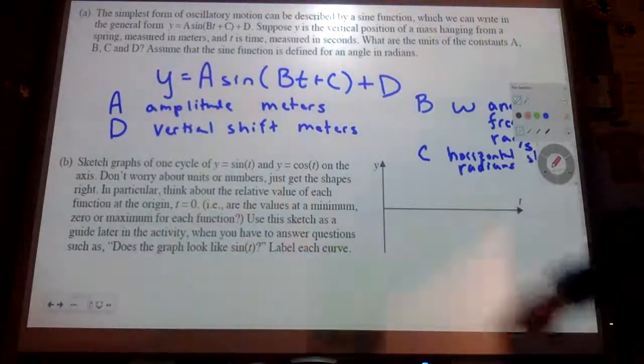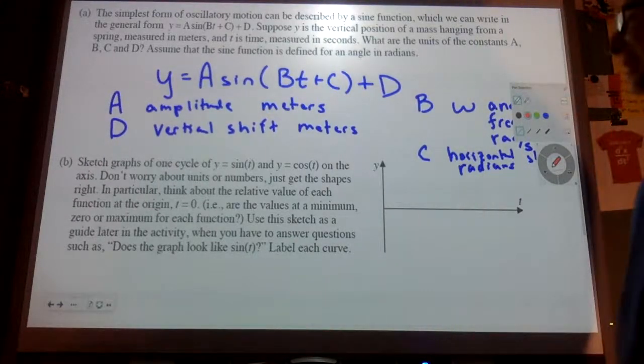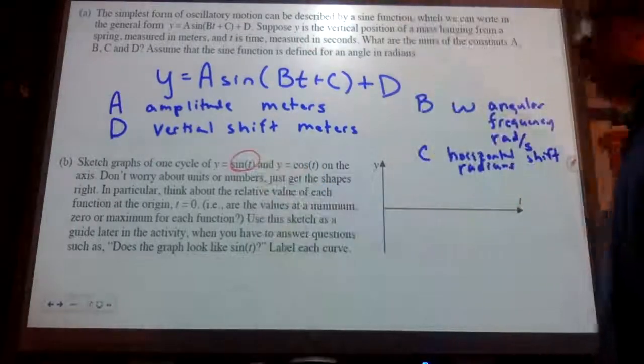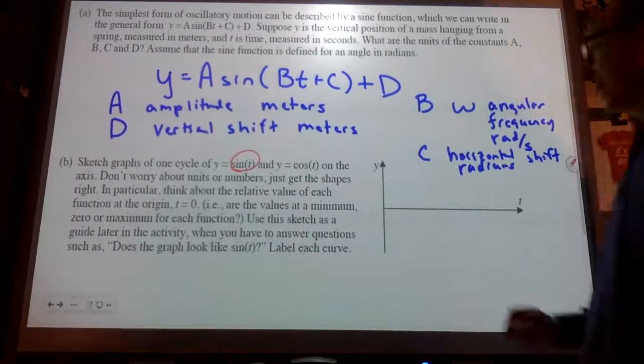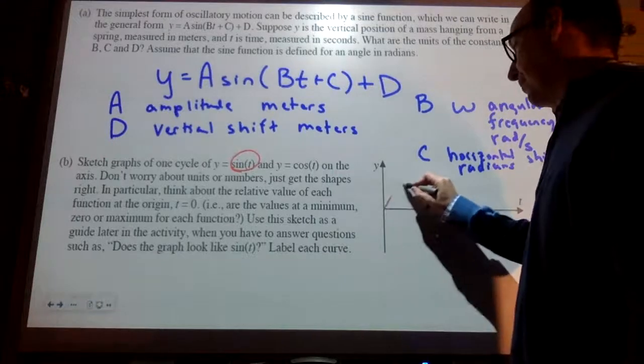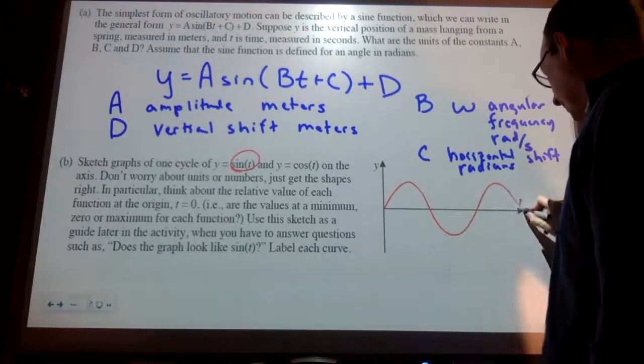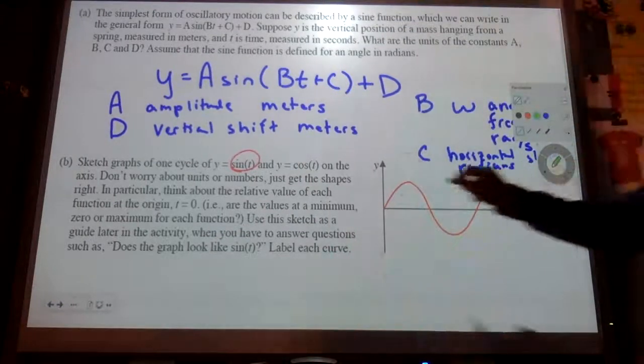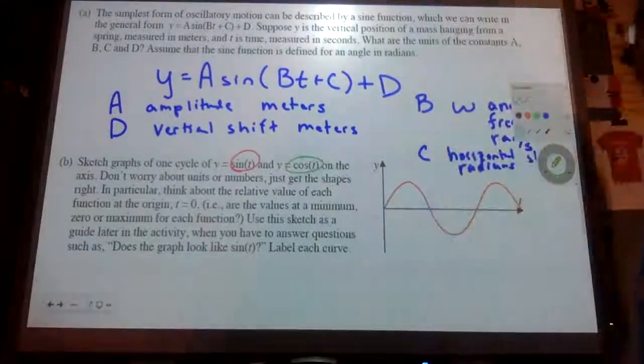On here, they want us to draw sine and cosine. So I'm going to make sine red, and we know that sine of 0 is 0. So this is what sine is. I'll make cosine green.